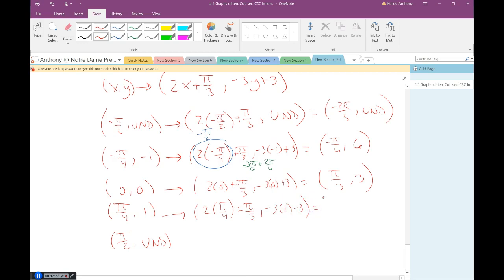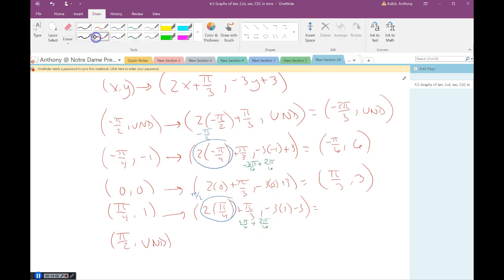Okay, so when I multiply these two together, I get positive pi over 2. So to add pi over 2 and pi over 3, I need a common denominator. That common denominator would be 6.